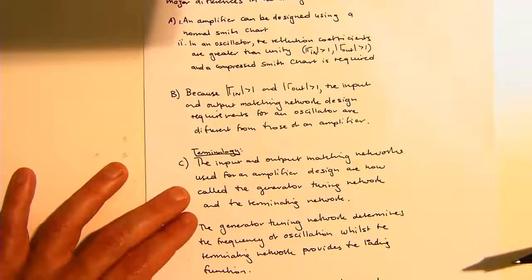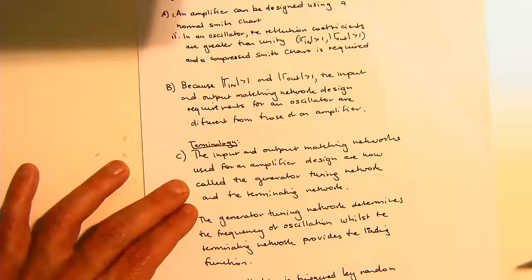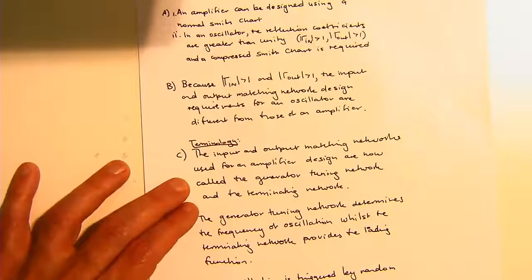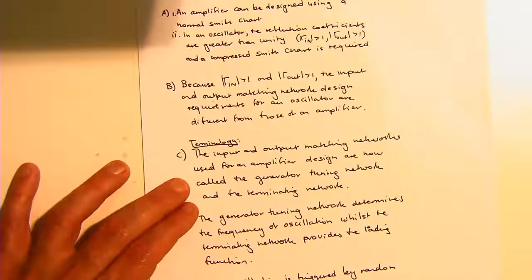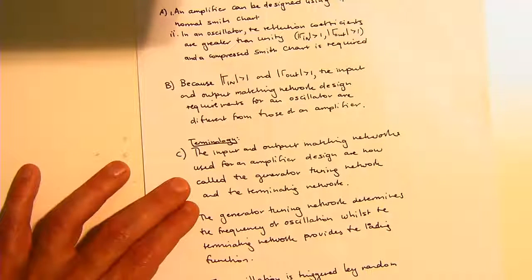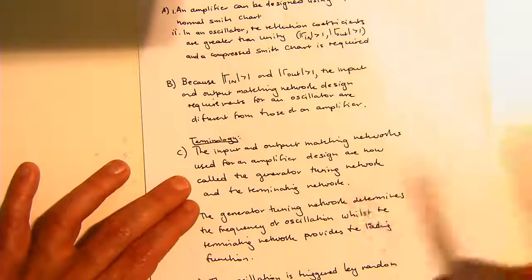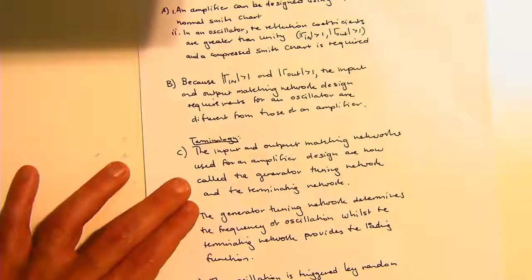Why am I calling it something different? So you don't confuse it with what's happening in an amplifier design. We could easily call it input and output matching, but some of you might get confused. That's why I've decided to follow what a lot of people use as terminology, which is to call it a generator and terminating network.